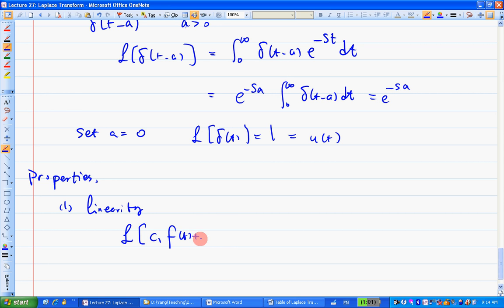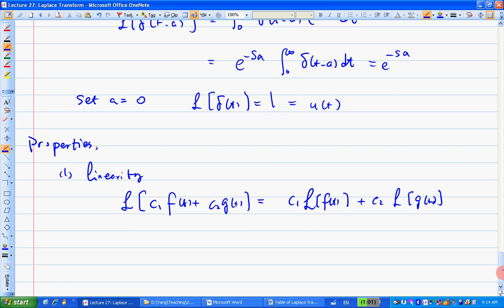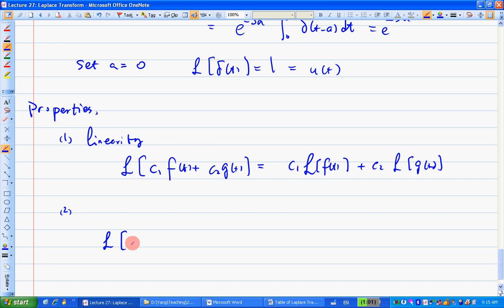C1 f of t plus C2 g of t, the Laplace transform of that, equals C1 L of f of t plus C2 L of g of t. So this is basically superposition. And the other one is this property: L of e to the power of negative at times f of t equals capital F of s plus a, right?